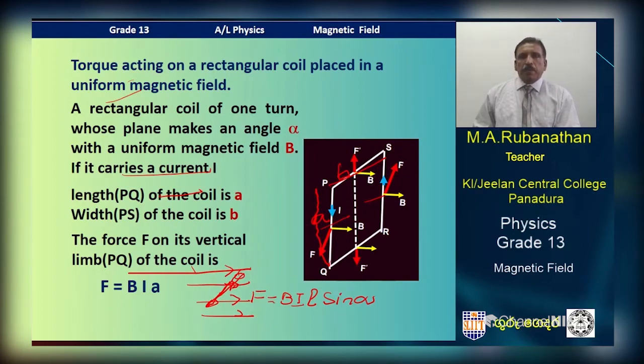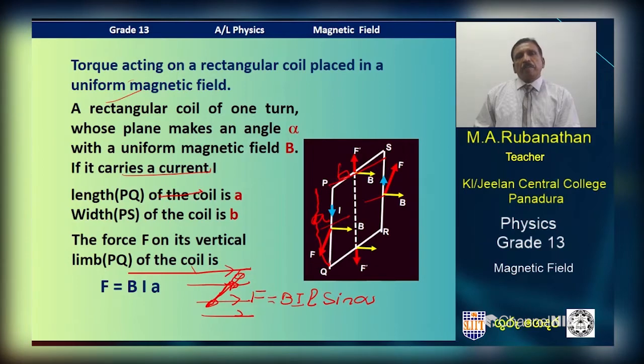Consider PQ. PQ is part of the limb of this coil, with the current carried in the downward direction. The magnetic field is perpendicular to this limb. Therefore, the angle alpha is 90, and sin 90 is equal to 1.